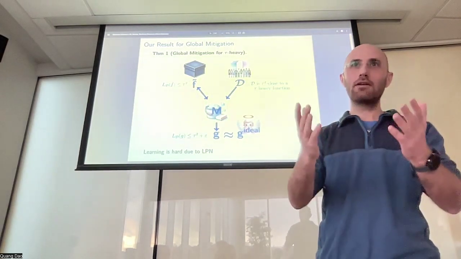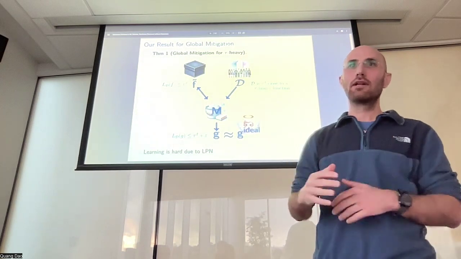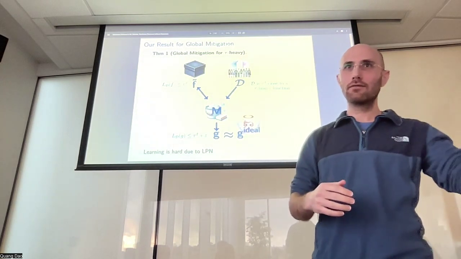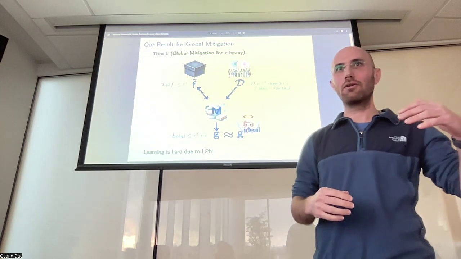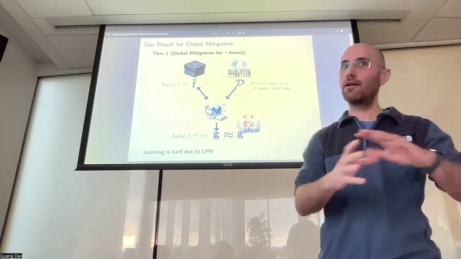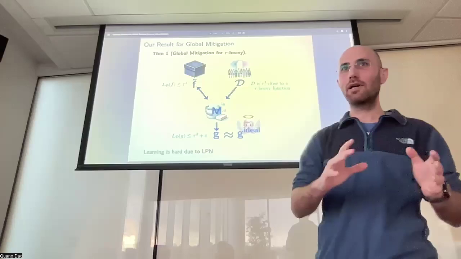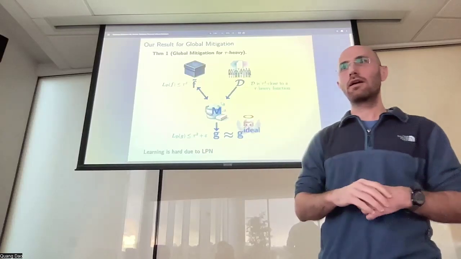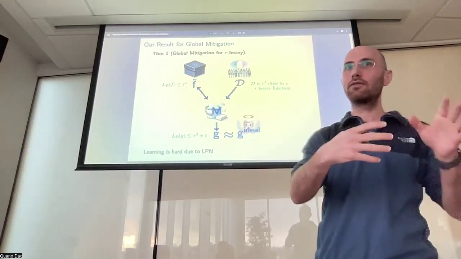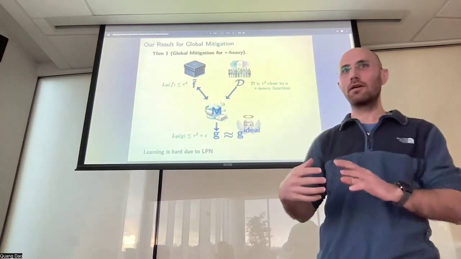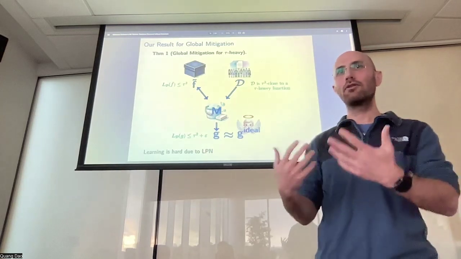But you're right, we're exactly going to be doing Goldreich-Levin. If somebody gives me an F tilde that maybe has backdoors in it, but on average is good at predicting the labels for this distribution D, then I can do Goldreich-Levin on F tilde, and that will let me learn basically a good predictor.